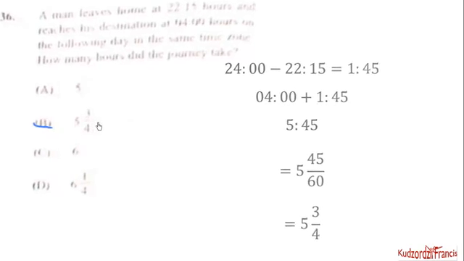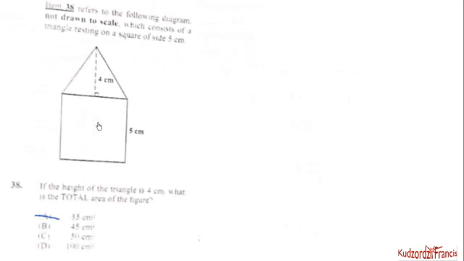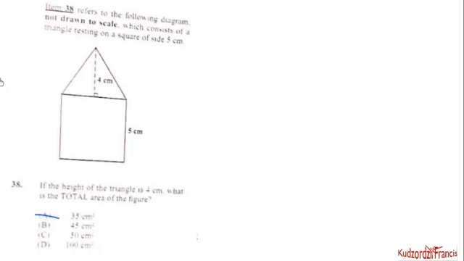Now let's look at the next question. Item 38 refers to the following diagram, not drawn to scale, which consists of a triangle resting on a square of side 5 centimeters. If the height of the triangle is 4 centimeters, what is the total area of the figure?